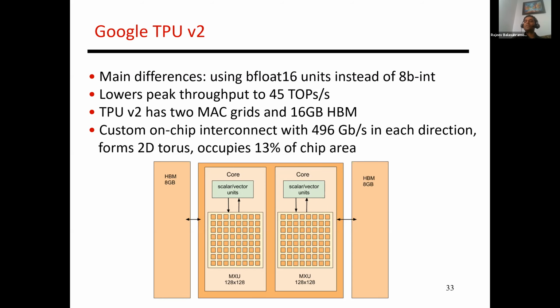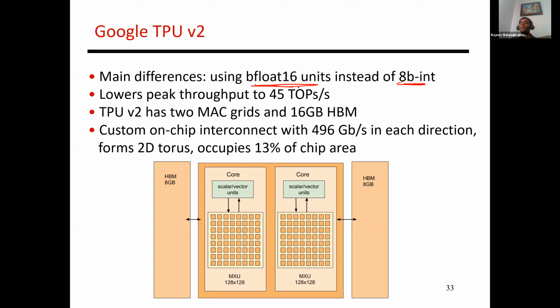So one is that it goes from 8-bit integers to 16-bit floating point. It uses what is called bfloat16, which is a fancy term for just saying it's like IEEE 754 32-bit floating point, but I'm just going to drop the last 16 bits of the mantissa. So it's just using a 7-bit mantissa instead of the 23-bit mantissa.